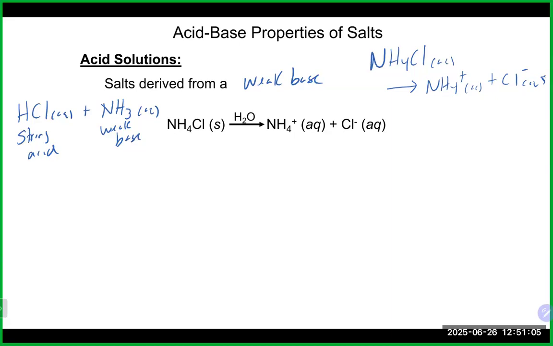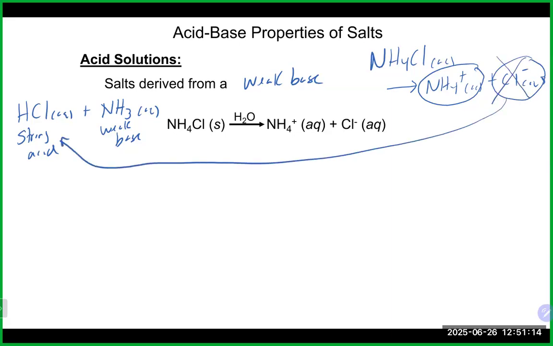So once again here, when we look at both parts of the salt, we can probably eliminate our chloride because once again, it came from our strong acid, which means it's going to be relatively weak and really be a neutral salt and will not go through hydrolysis. So again, anything that comes from something strong will not go through hydrolysis, is considered neutral. It will not react with water.